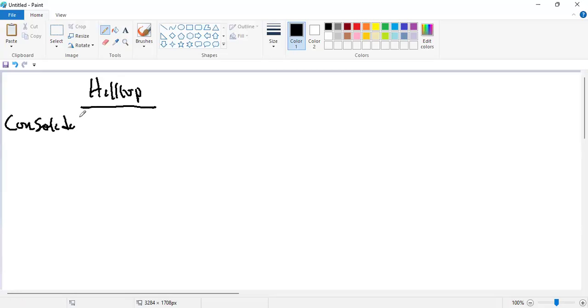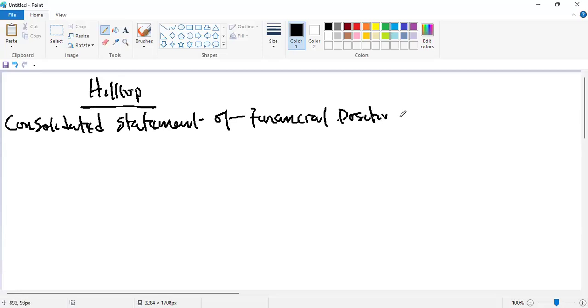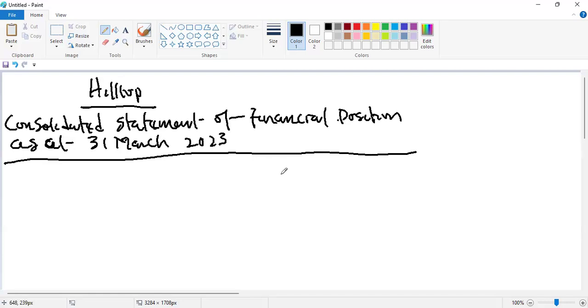Consolidated statements of financial position as at 31st March 2023. Non-current assets: PPE, 500 plus 40.